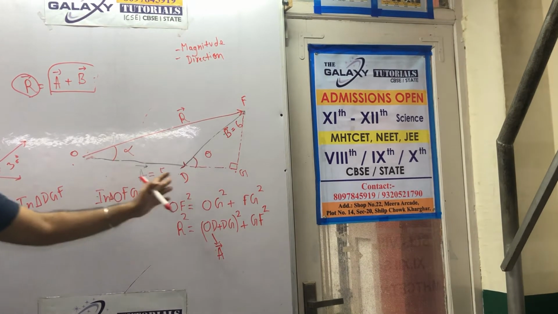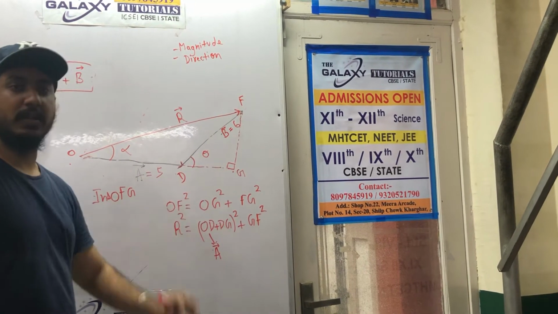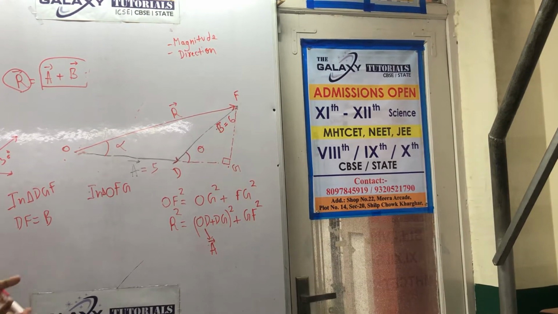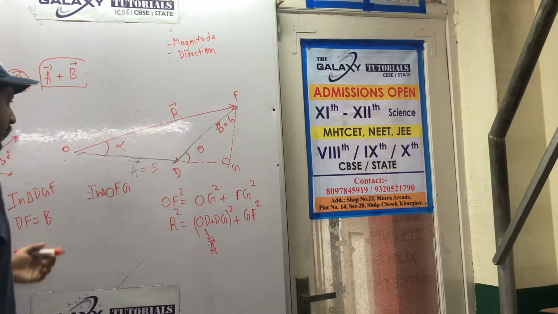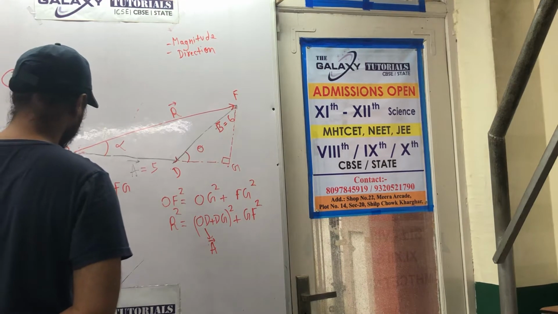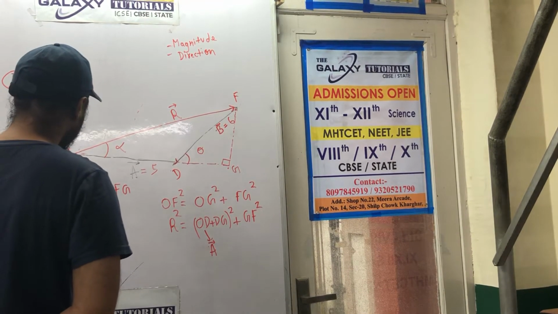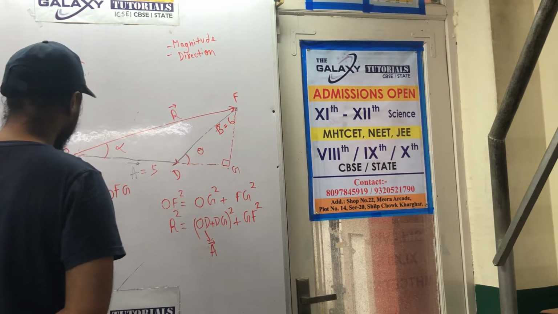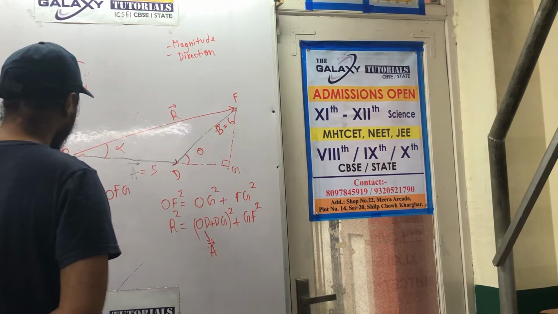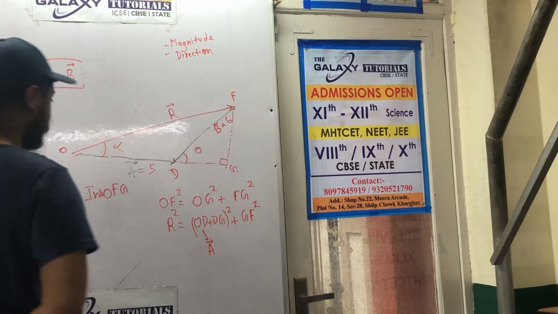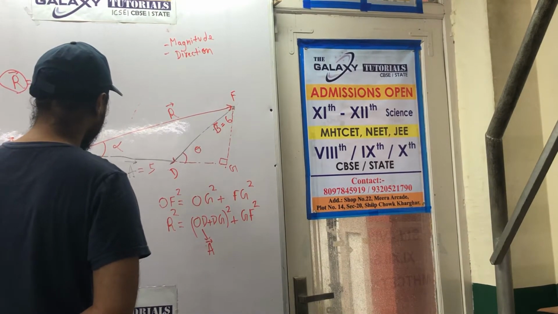So which value do we have to find? DG. How will we find it? We will use trigonometry. You have all studied it in 10th standard. So you all know that DG upon DF is equal to cos of theta.